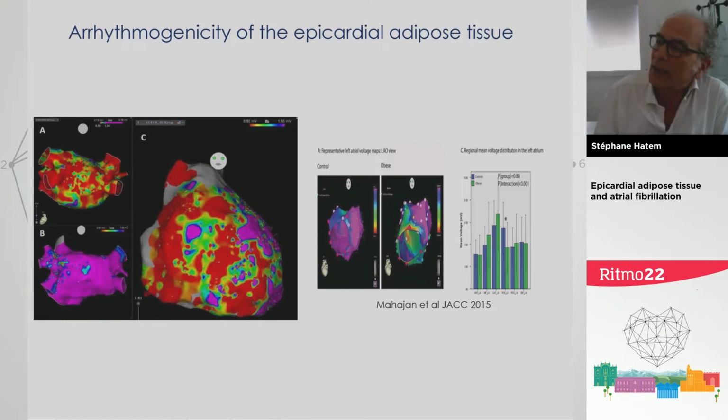Still with this atrial voltage mapping on the right side of the slide, it shows that when you have this adipose tissue at the surface of the atria, it is associated with modification of the electrical property of the atrial myocardium, with areas of low voltage.